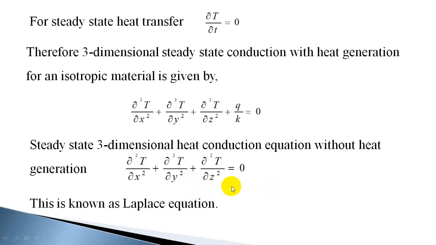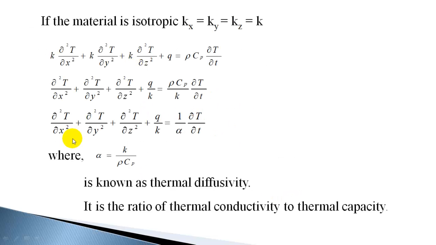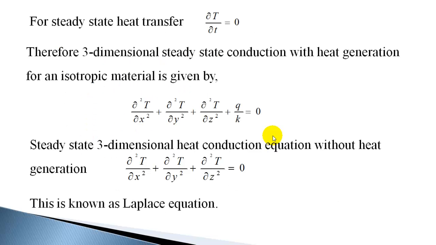From this you can derive the two-dimensional or one-dimensional heat conduction equation. Generally we treat the material as having constant thermal conductivity. So for a constant thermal conductivity isotropic material, this is the most general equation. You can always use this equation, and from this you can derive all the appropriate equations based on the situation. Thank you for watching.